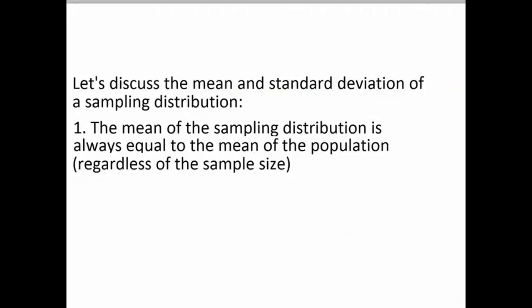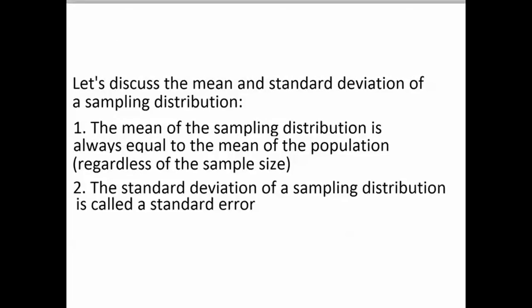We were talking earlier about how the sampling distribution is really just a list of numbers, so it has a mean and standard deviation of its own. The mean of the sampling distribution is equal to the mean of the population, and the standard deviation of the sampling distribution has a special name called the standard error.